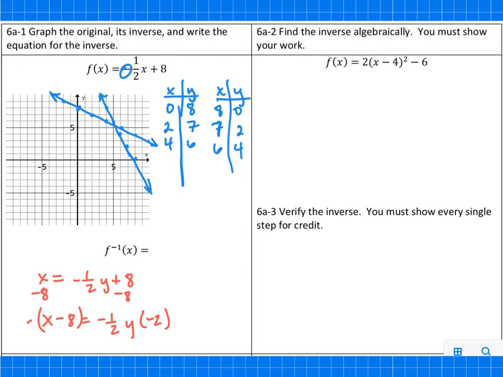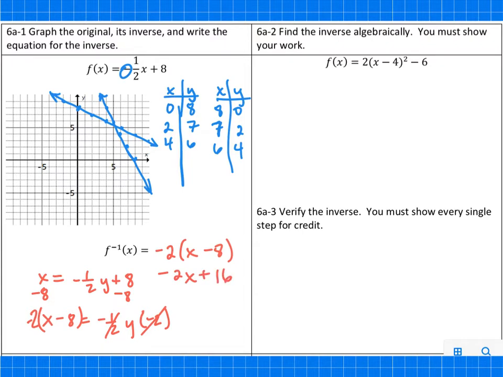Ugh. I don't know what I just did. Sorry. So my inverse equation is y equals negative 2 times x minus 8. You can also write that as negative 2x plus 16.